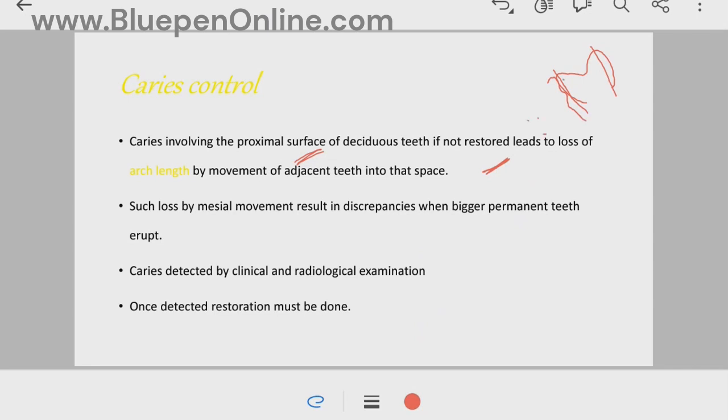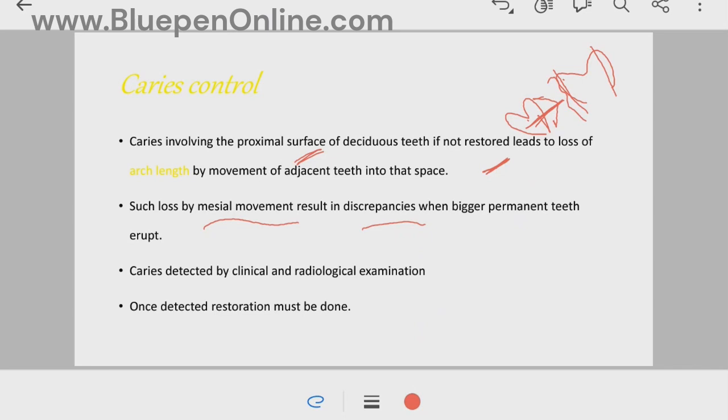Otherwise the adjacent teeth will take that place. If such mesial movement happens, this results in discrepancies when the permanent teeth come into place. So if there is any caries, please restore it as soon as possible.